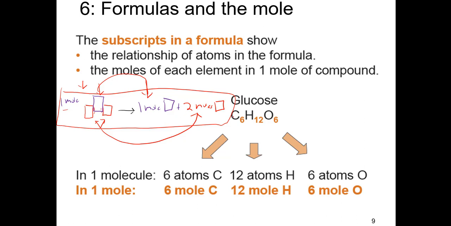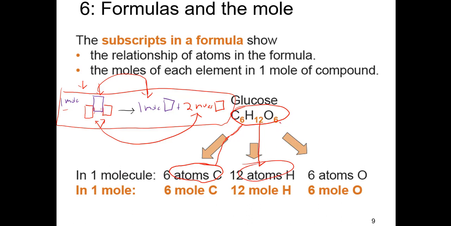So using that analogy, here is glucose. Glucose is made up of 6 carbon atoms within that molecule. So think of those as building blocks. And then H has 12 atoms that make up that portion of the molecule.